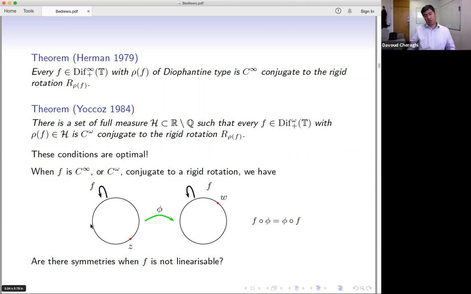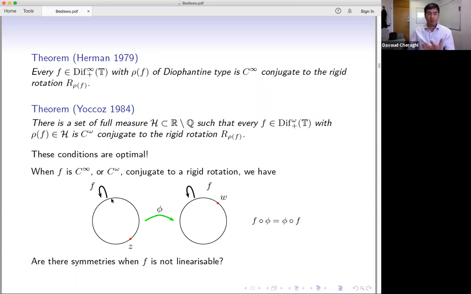Yeah? So what I'm trying to say is that the amount of symmetries that you have in your dynamical system is a measure of the linearizability of the map that you start with.